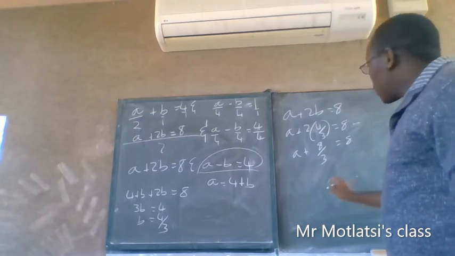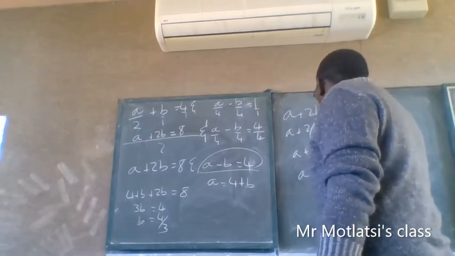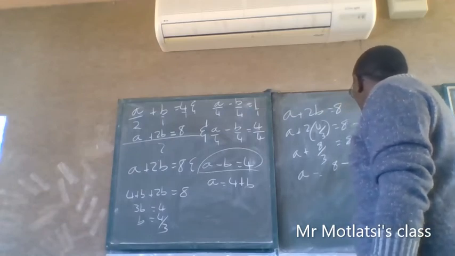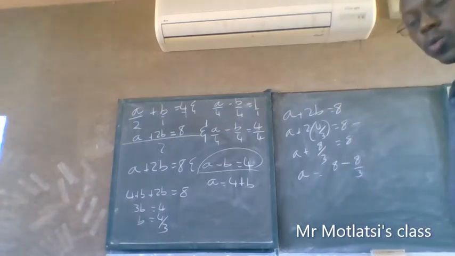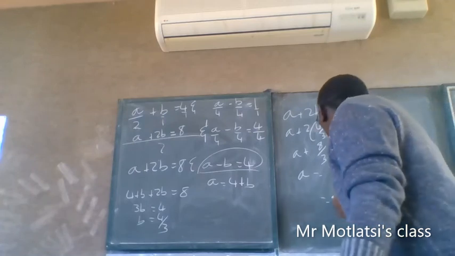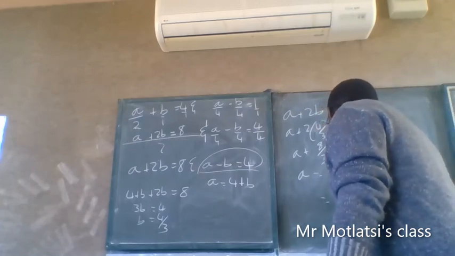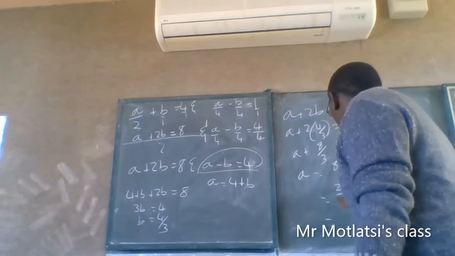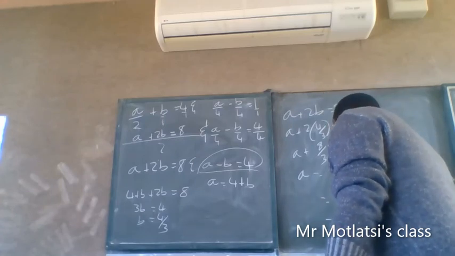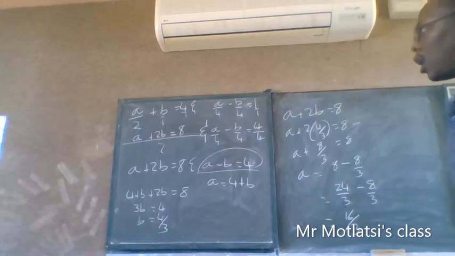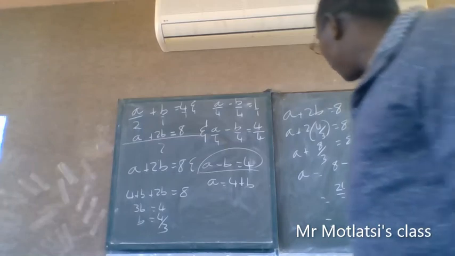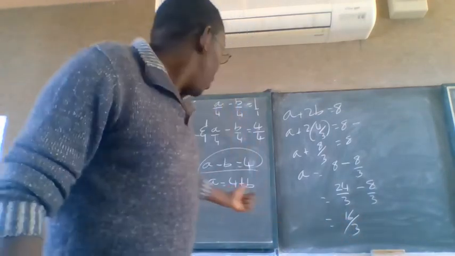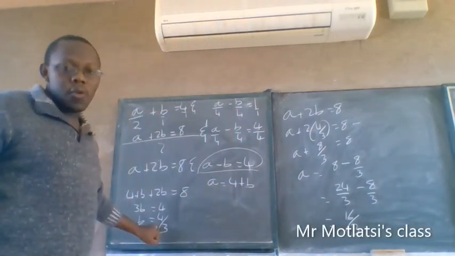Now take this to the other side. You have A is equivalent to 8 minus 8 over 3. Now to make it easier for us, 24 over 3 minus 8 over 3. Then what you have here is 16 over 3. Now let's see if this is going to work. So your A here is 16 over 3, while your B is 4 over 3.